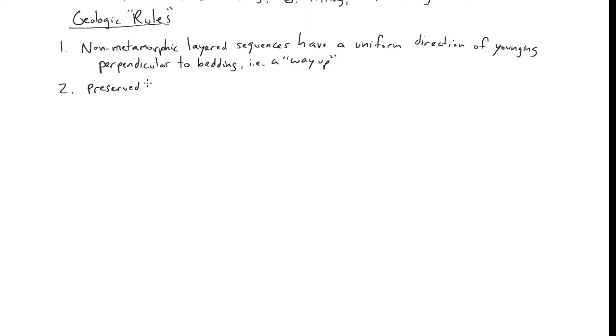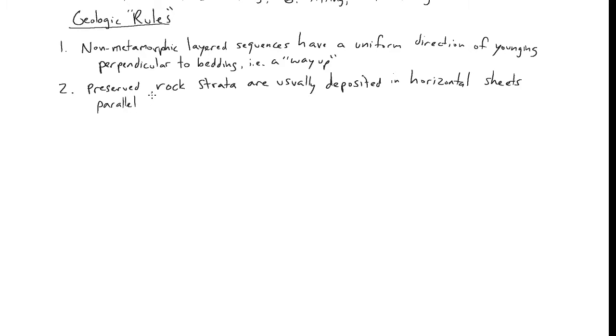Number 2, preserved rock strata are usually deposited in horizontal sheets parallel to Earth's surface.